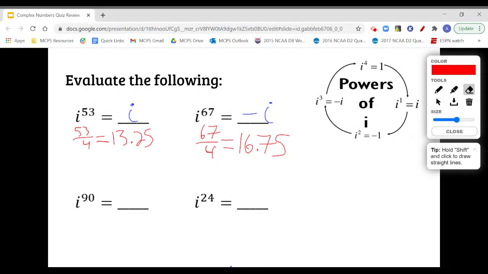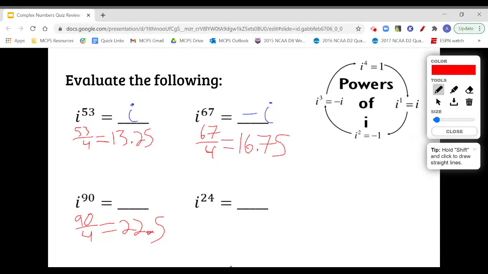Right, so my next problem here is i to the 90th. So again, because i works in cycles of 4, every 4th exponent brings me back to an answer of 1. I'm going to divide 90 by 4. Right? And basically I have 22 cycles around that I keep coming back to that answer of 1, but it's not just 22, it's 22.5.